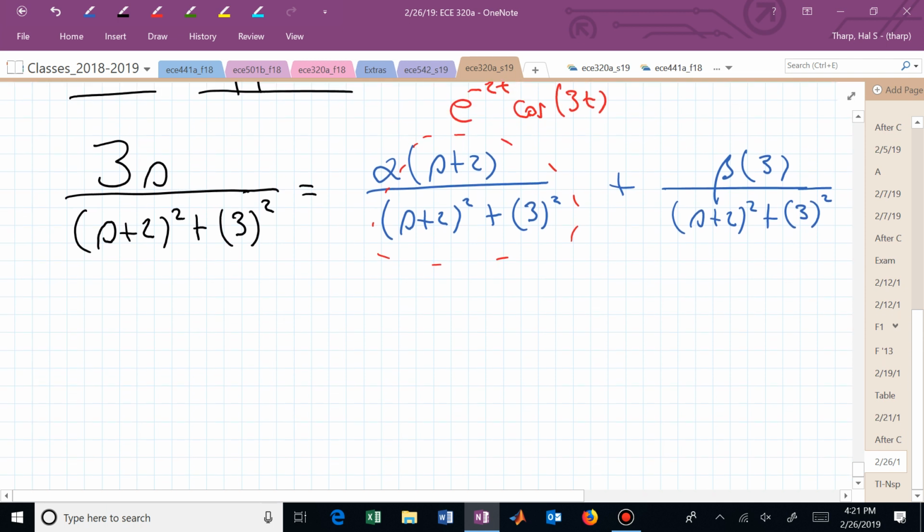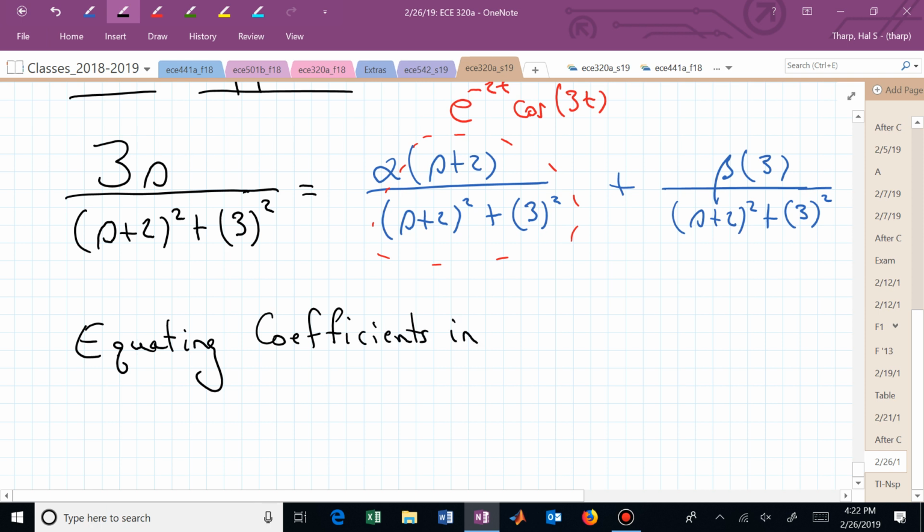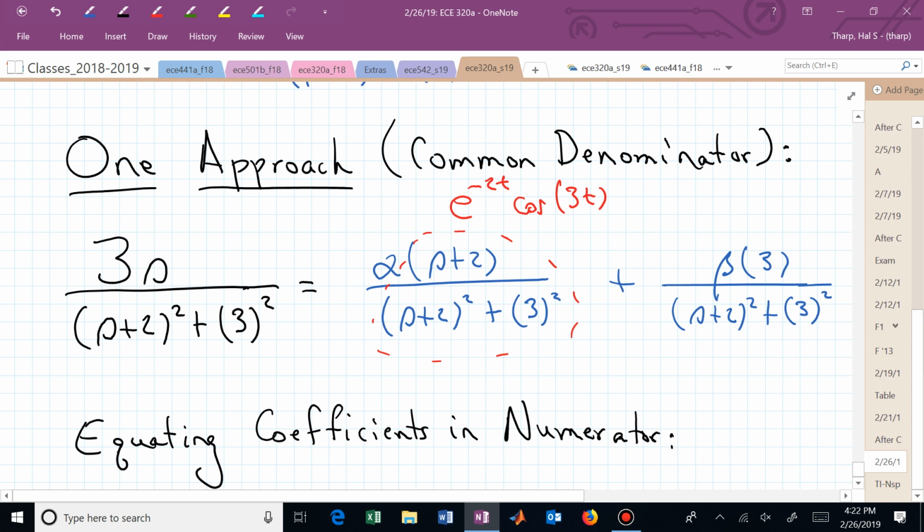What I'm trying to say is let's now equate the coefficients in the numerator. Here we have alpha s plus 2 alpha, and over here we have 3 beta.